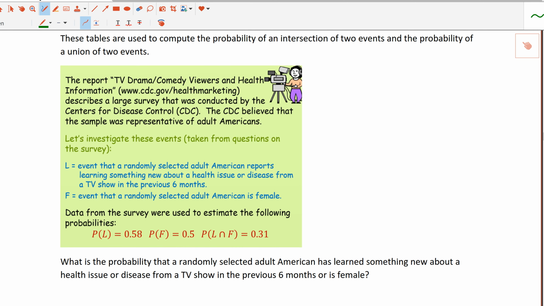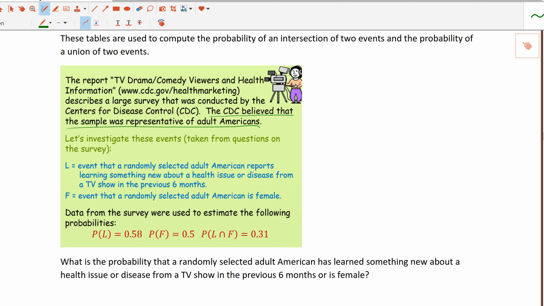So let's take a look at this example. We have this report from TV, drama, comedy viewers, and health information. It describes a large survey that was conducted by the CDC. First of all, the CDC believed that their sample was representative of adult Americans.